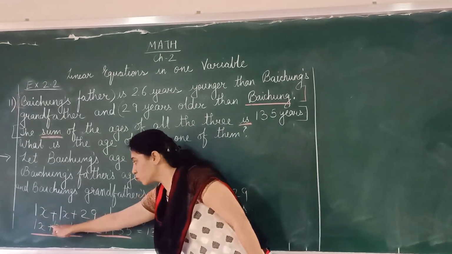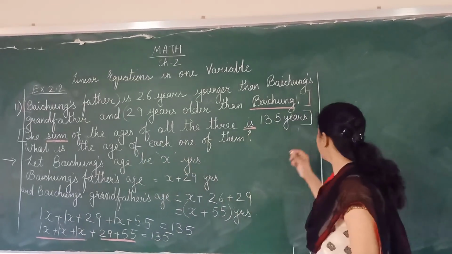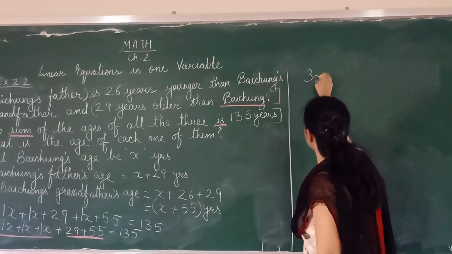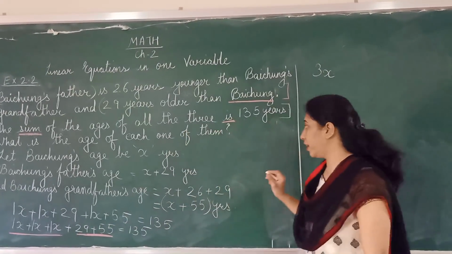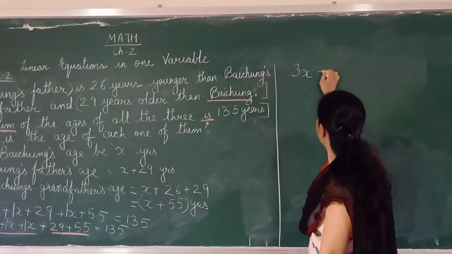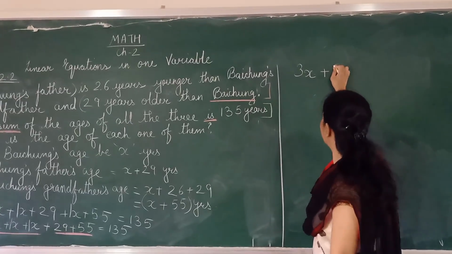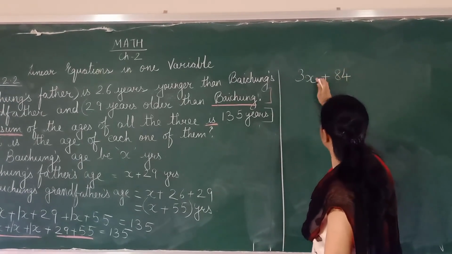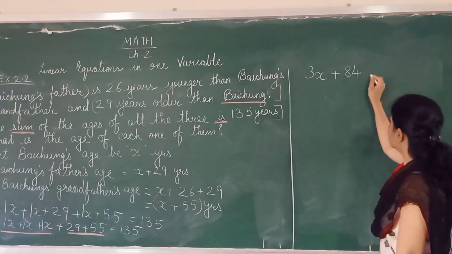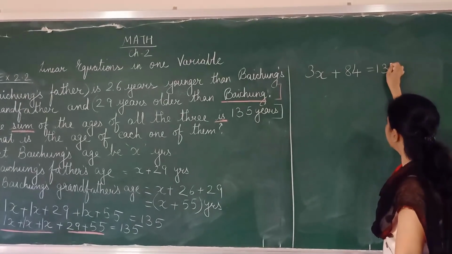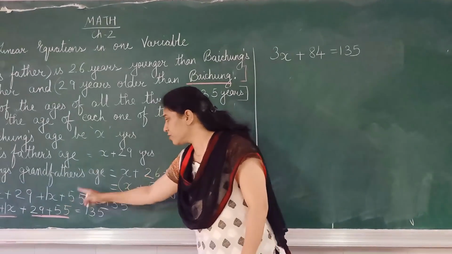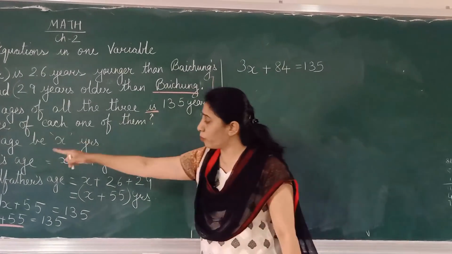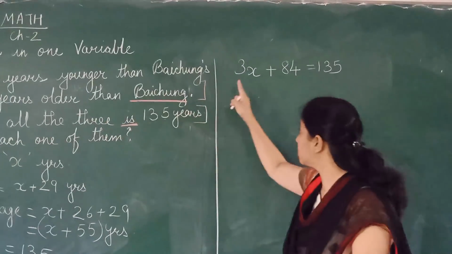So 1 plus 1 plus 1 will become 3x, and 29 plus 55 becomes 84, is equal to 135. Okay. Now 29 plus 55 is 84. 1 plus 1 plus 1 becomes 3x.